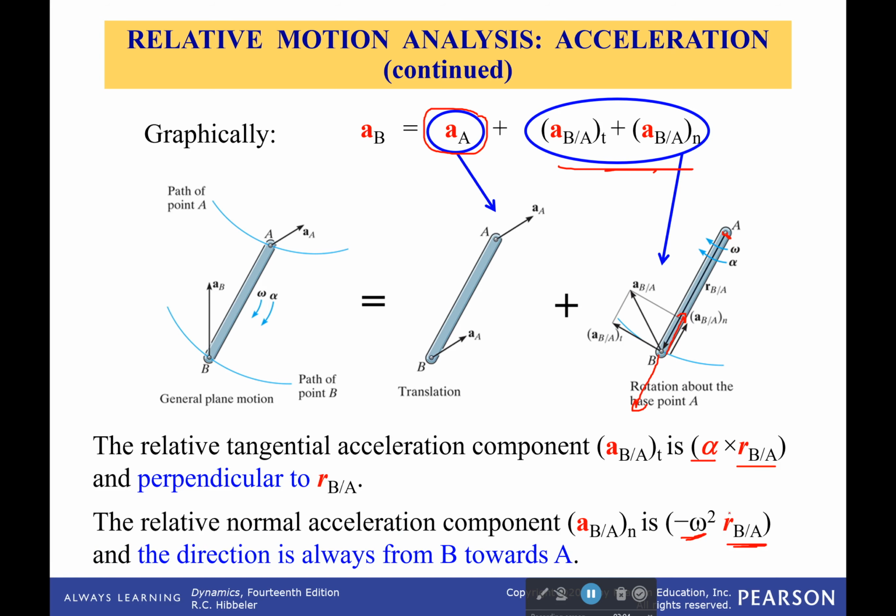And the second thing, where does this come from? Well, that comes from our v squared over r. And we have to remember that v is equal to my angular velocity times my position vector. So it's effectively equal to omega squared r squared over r. That cancels, and we're brought back to this equation right here.